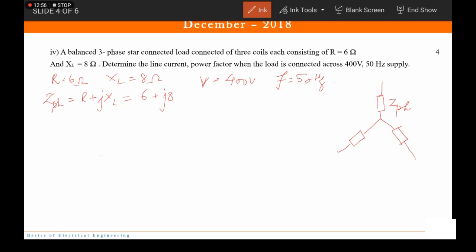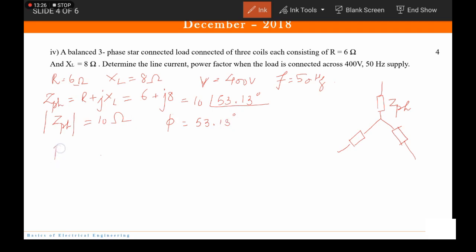This is in rectangular form. I can convert it into polar form, which makes it 10 with an angle of 53.13 degrees. So the magnitude of ZPH is 10 ohms and the phase angle is 53.13 degrees.